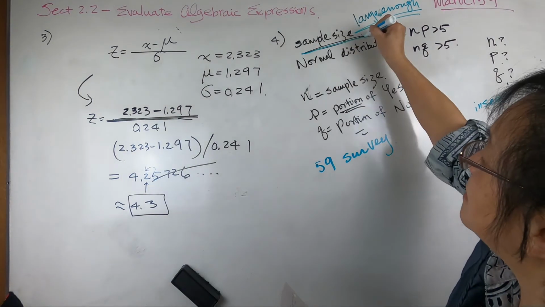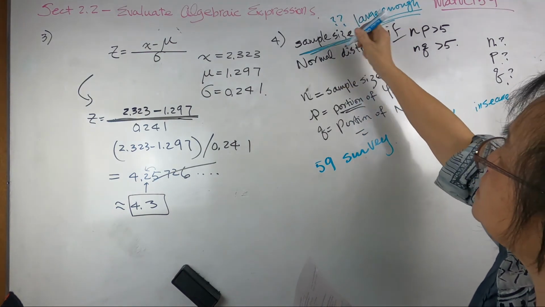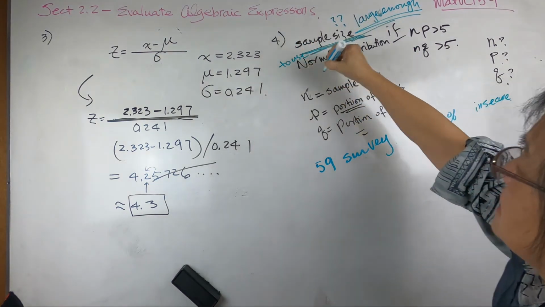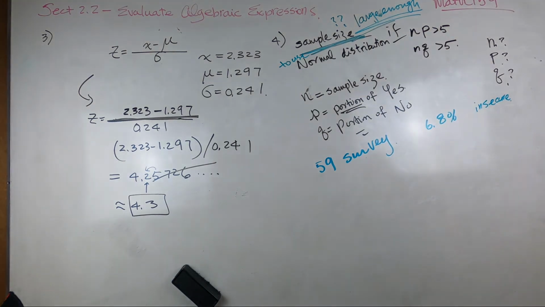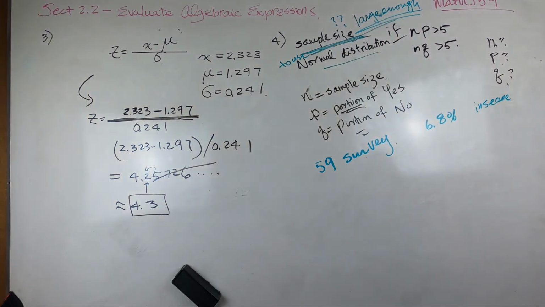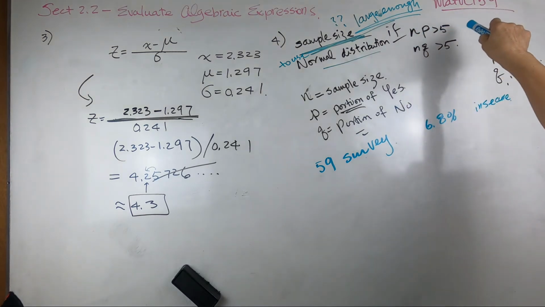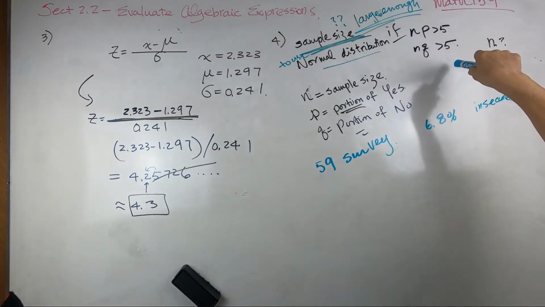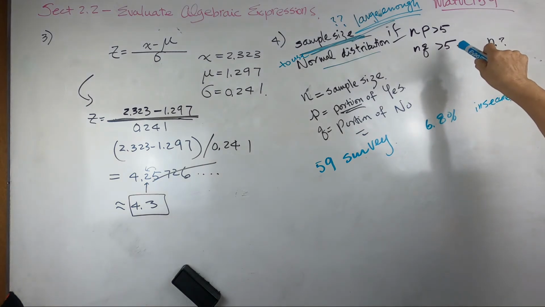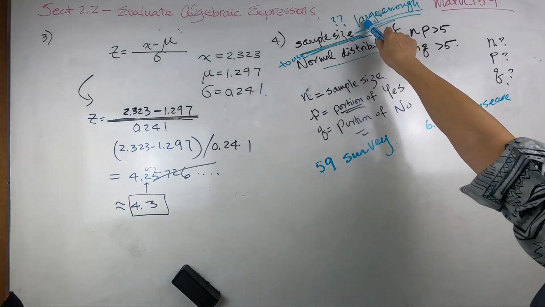We are talking about whether or not the sample size is large enough to use this formula, something called normal distribution. Only under certain conditions can you use normal distribution, if the condition is met. So that means n has to be big enough. N is your sample size.